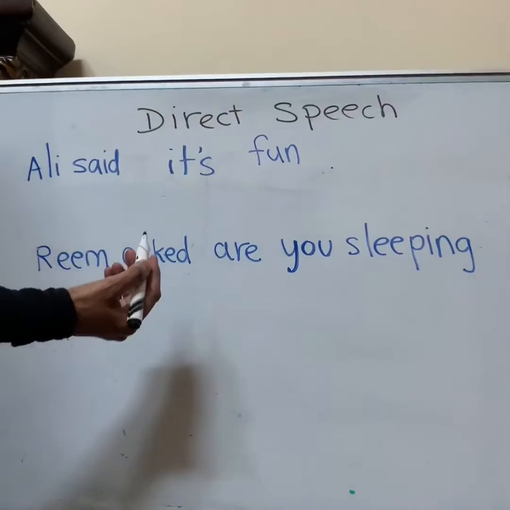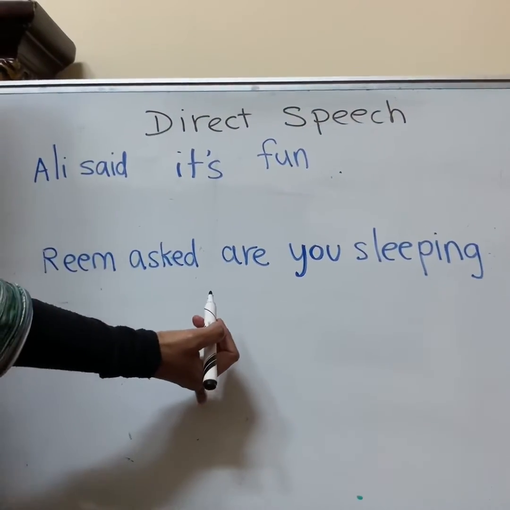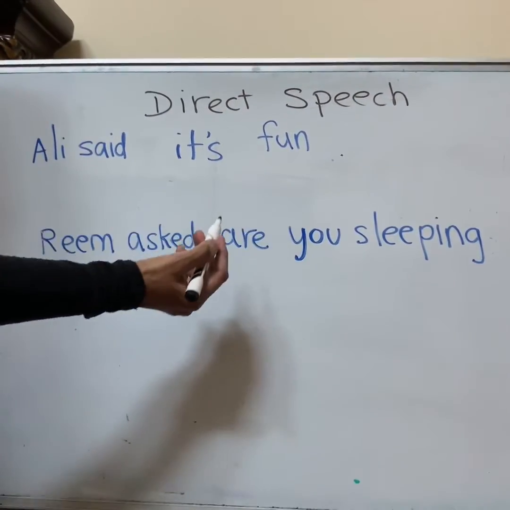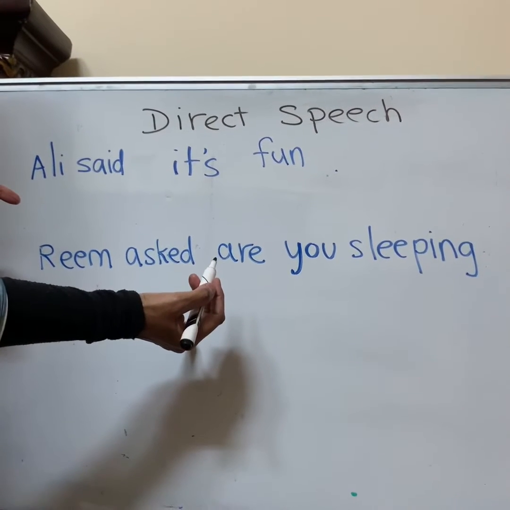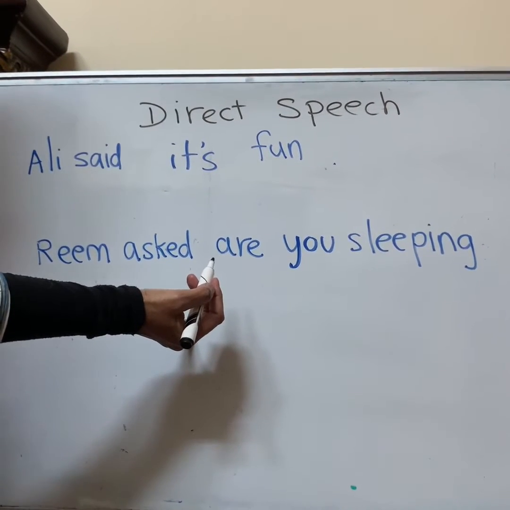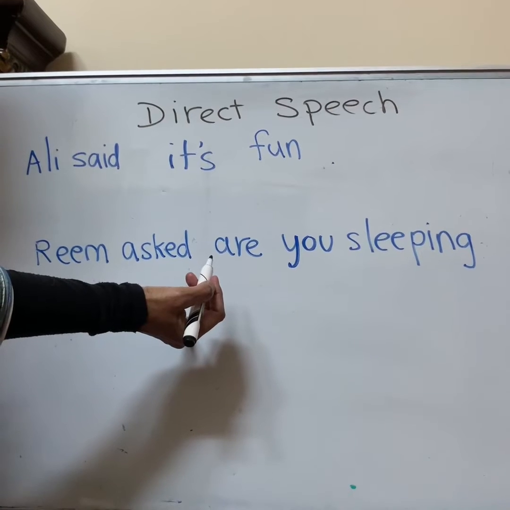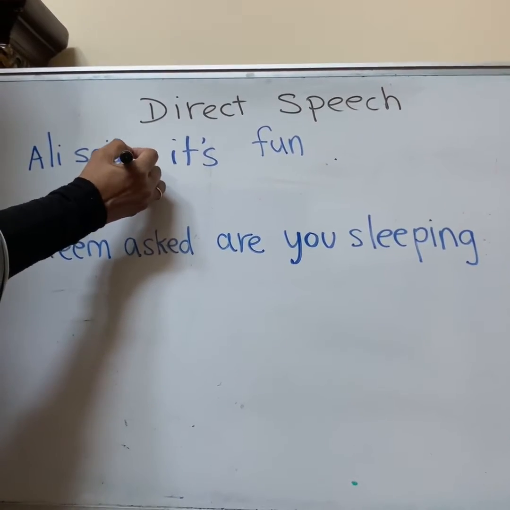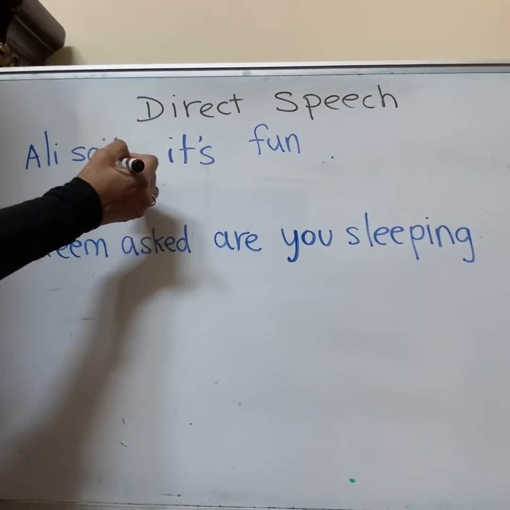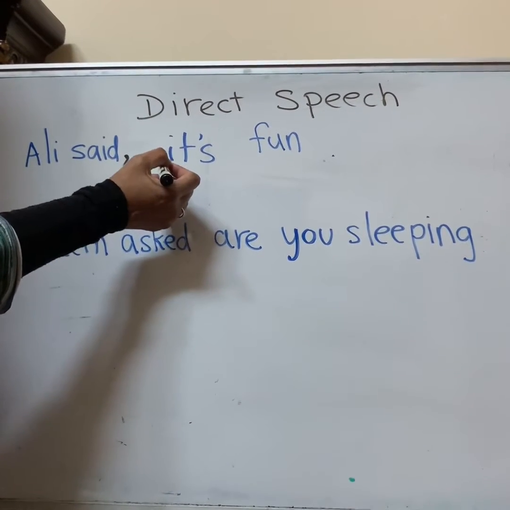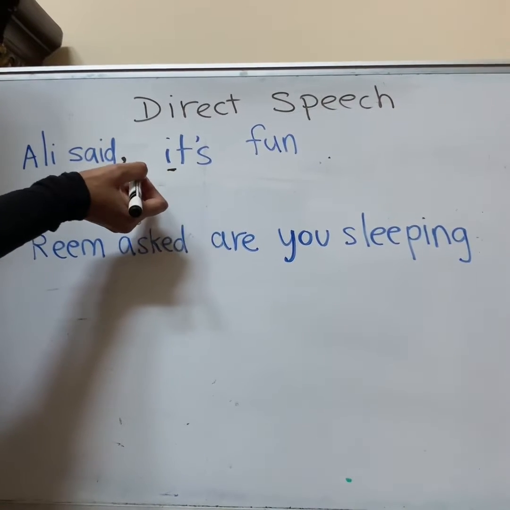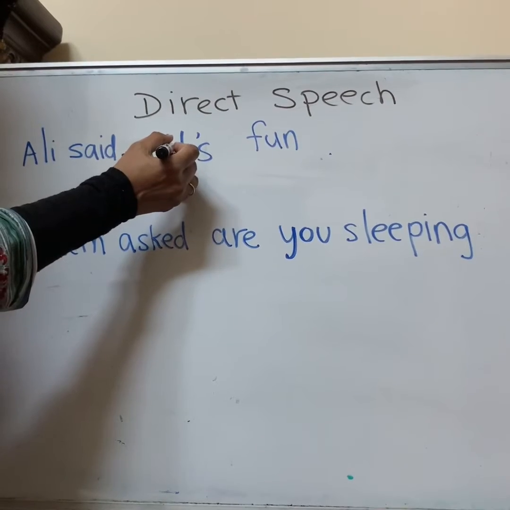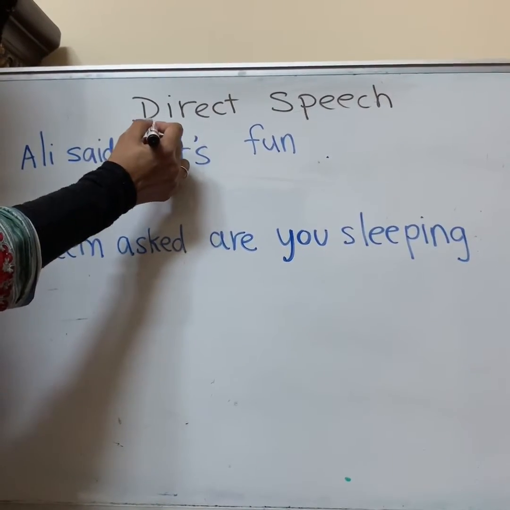Okay? Now I have written two sentences for you to look at, and just guess where you're going to put speech marks. Very good. Well done. So I think you would have made the right guess. Ali said, you give a pause by writing a comma. I'm going to open the speech. You can see it's starting with a small letter, so I'm going to make it a capital letter.